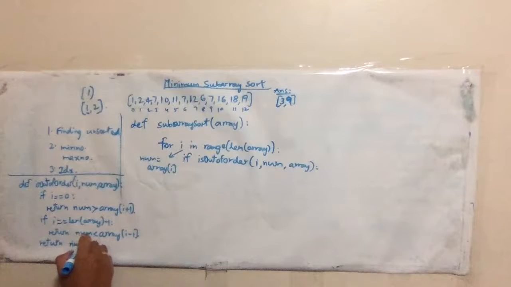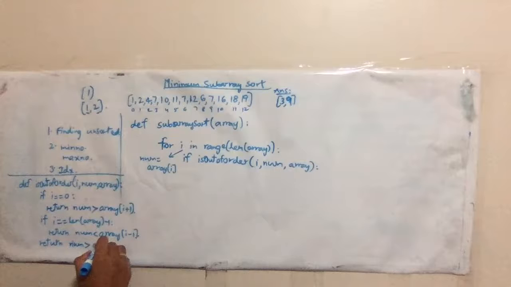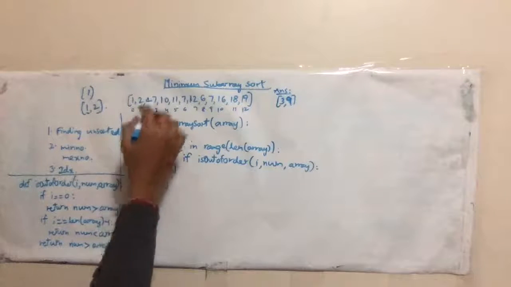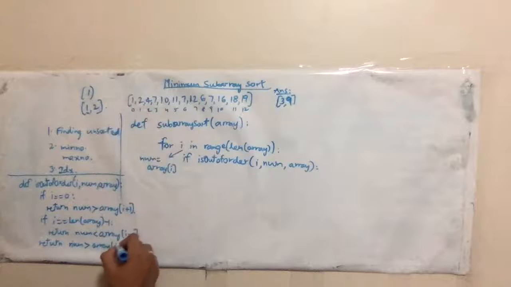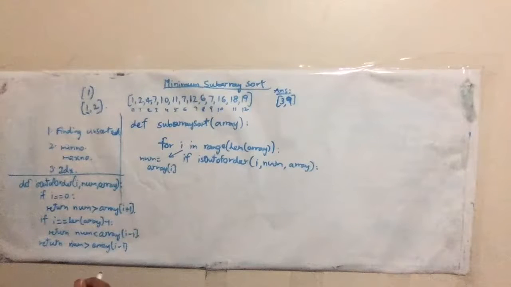So return number is greater than array of, this is the ith index, so I minus 1. That is one case. Or if number is less than array of I plus 1. Is it correct?